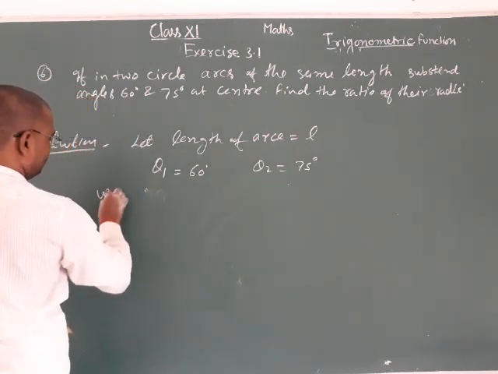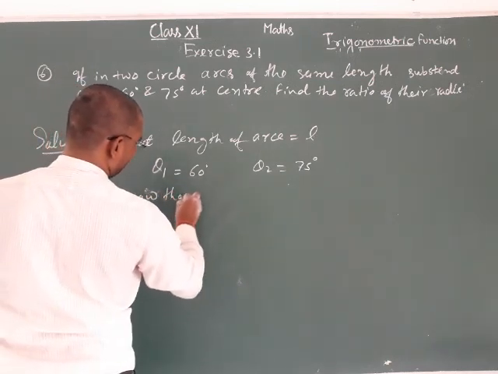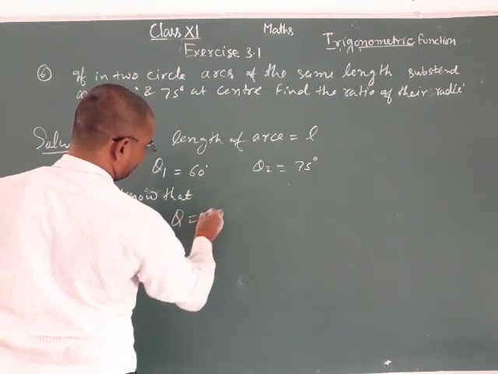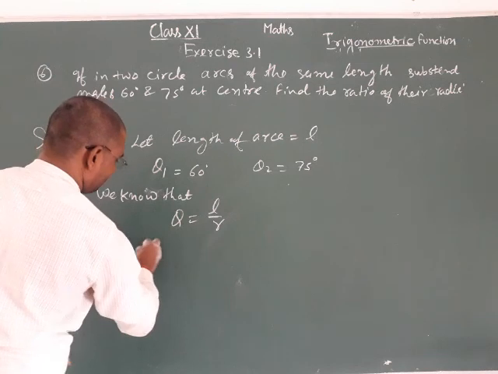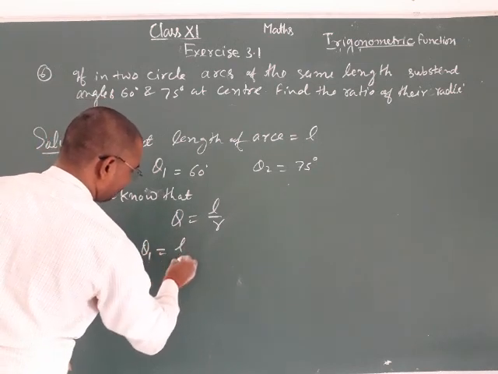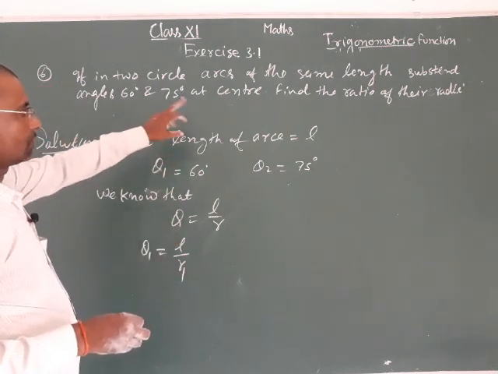So we know that theta is equal to L upon r. So now theta 1 is equal to L upon r1. Length of arc is the same.